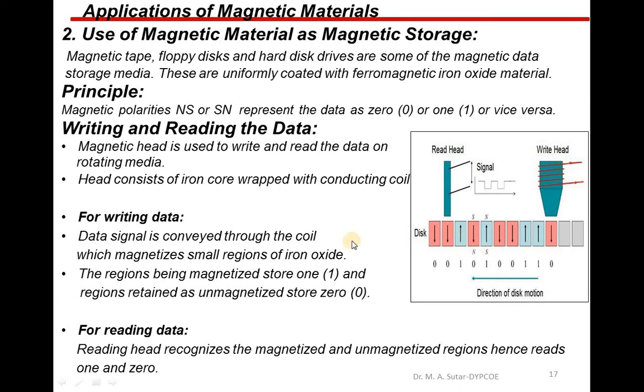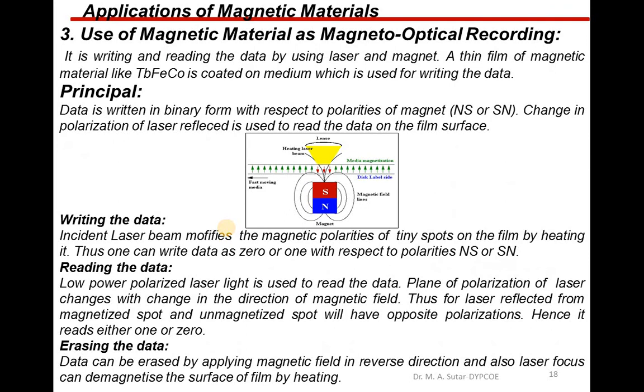So this is how the magnetic storage device works. Reading and writing, that is retrieving, with good efficiency, is the motto of this particular storage device. But there are chances of losing the data when the temperature goes above the Curie temperature.